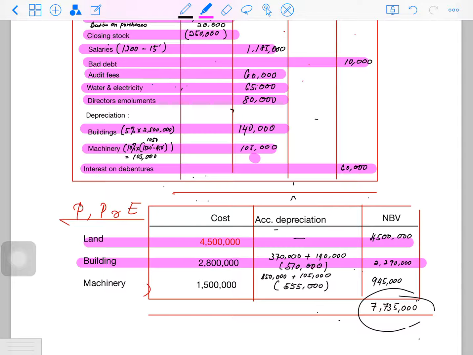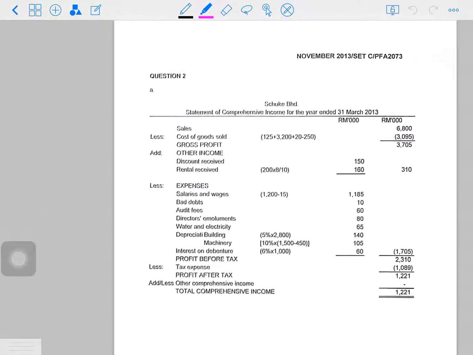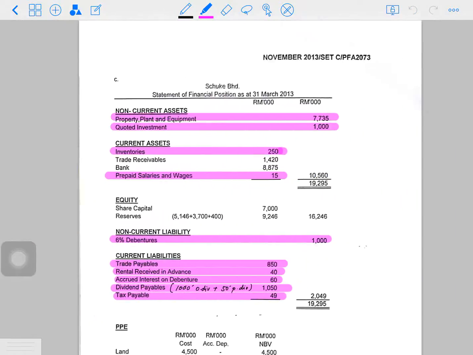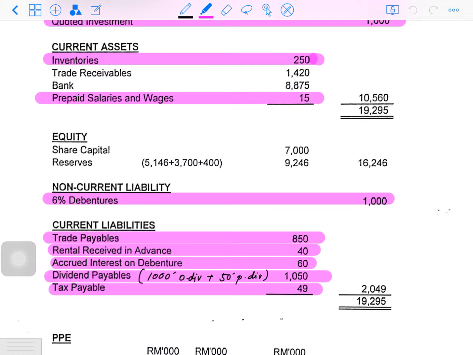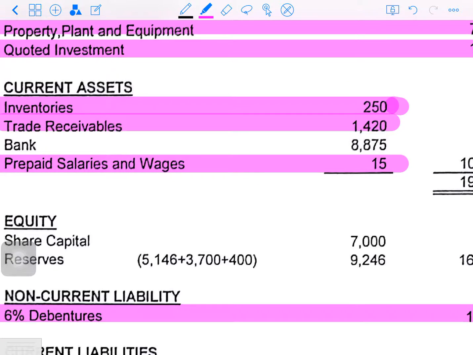Okay, then we have trade receivable. This is an item in your financial position under current asset. Trade receivable, 1420. Okay, trade receivable.